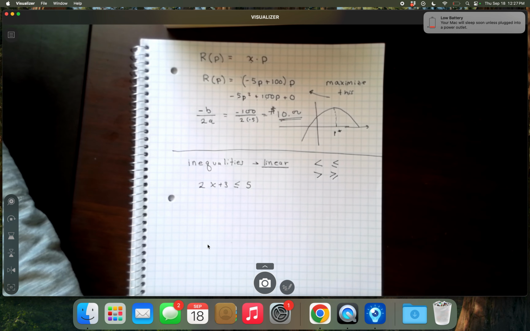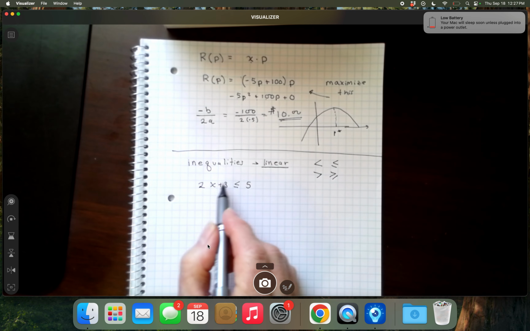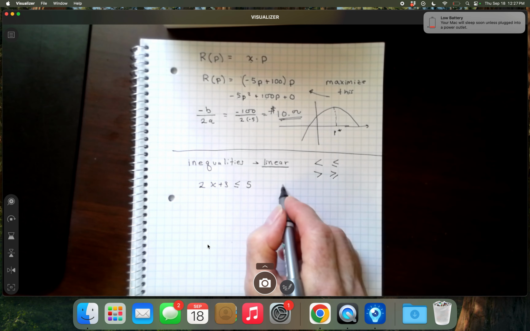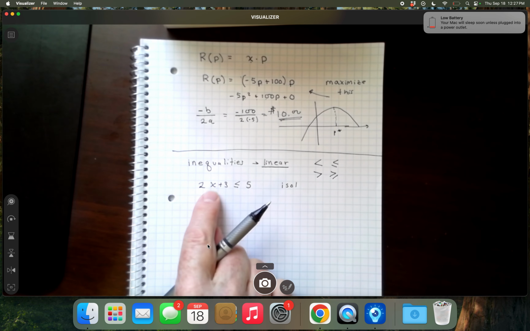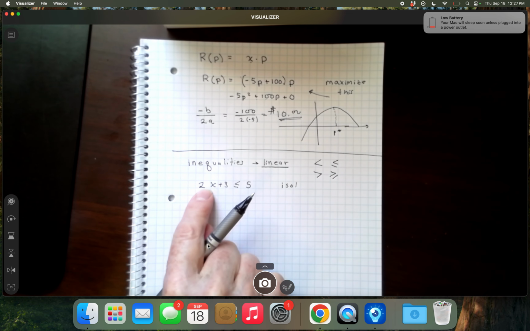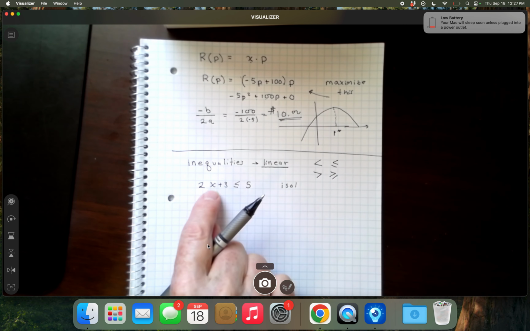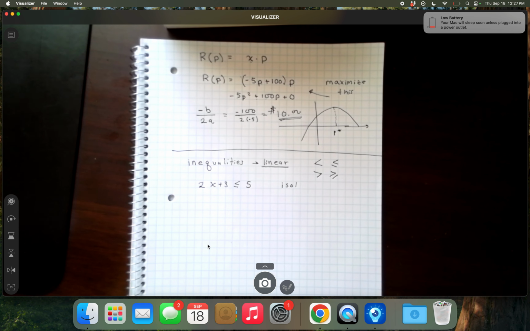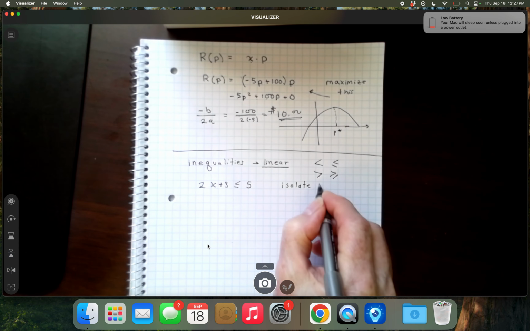Here, if I want to solve for x, I need to isolate x on one side. If it's true that 2 times some number plus 3 is less than or equal to 5, what numbers satisfy this? Now, the thing about solving linear inequalities is your answer is a set.